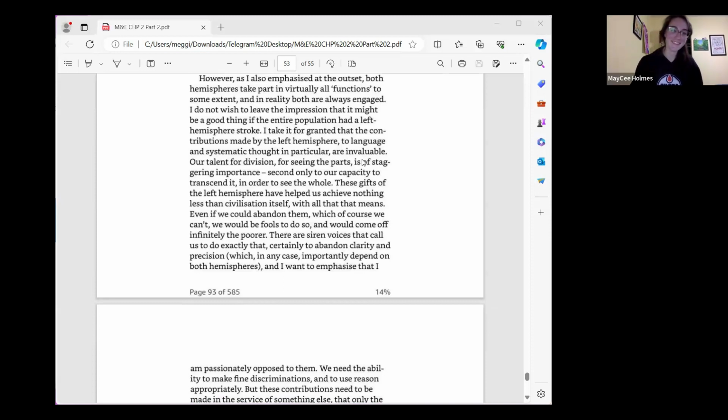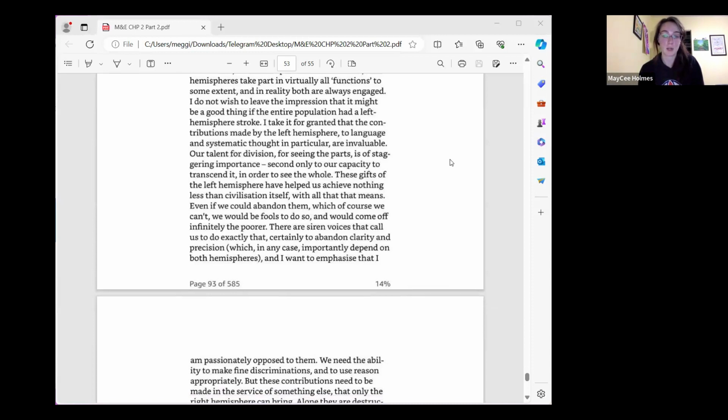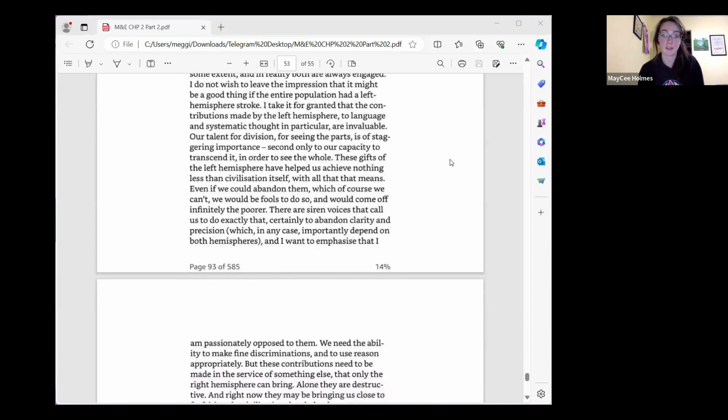Okay. However, as I also emphasized at the outset, both hemispheres take part in virtually all functions to some extent, and in reality, both are always engaged. I do not wish to leave the impression that it might be a good thing if the entire population had a left hemisphere stroke.